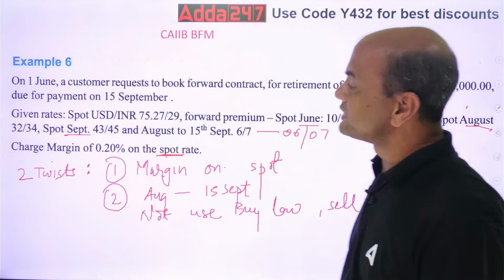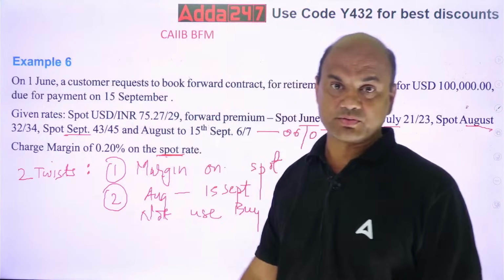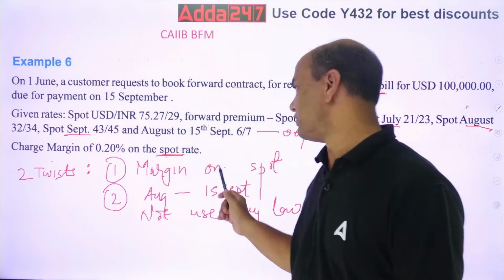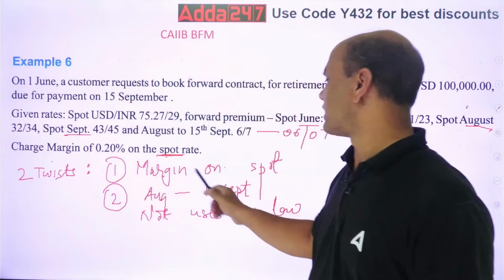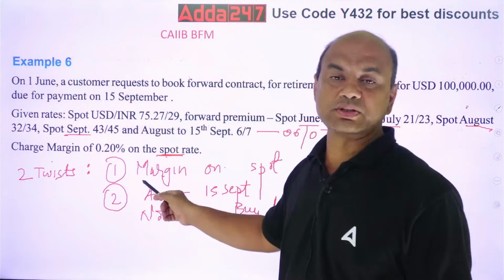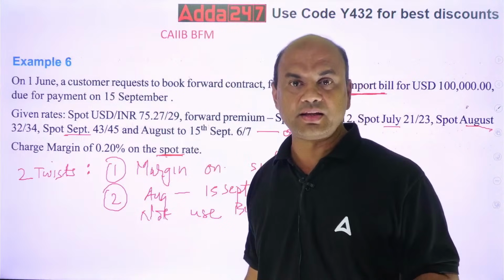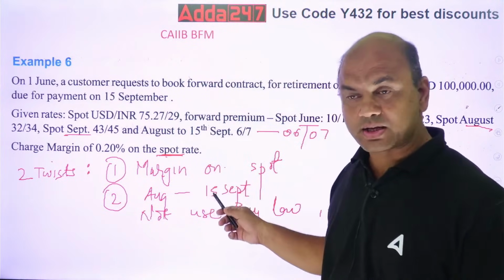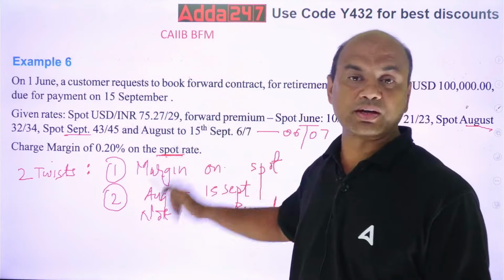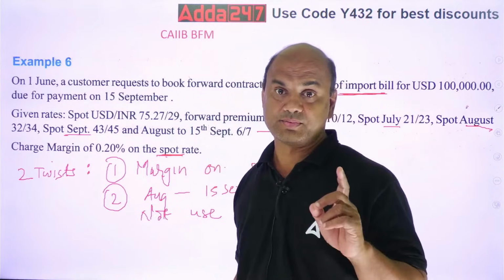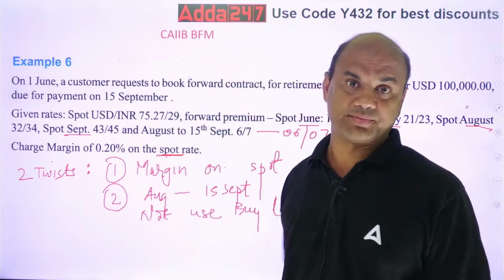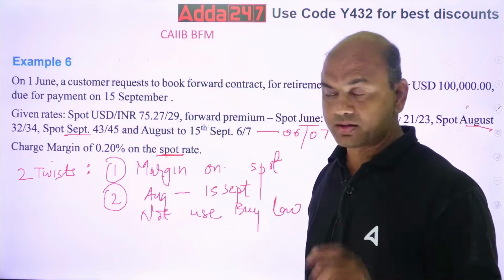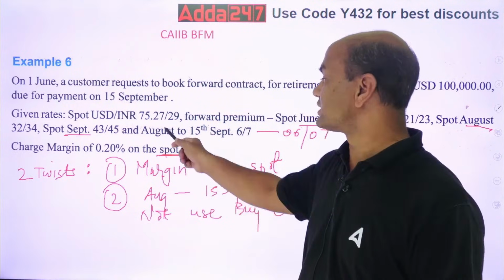There are two twists in this problem. Number one is that the margin is to be charged on the spot rate. Generally, in any numerical, we charge the margin on the end rate which we get. But here, the margin is to be charged on the spot rate. Number two, forward rates are given from August to 15 September.